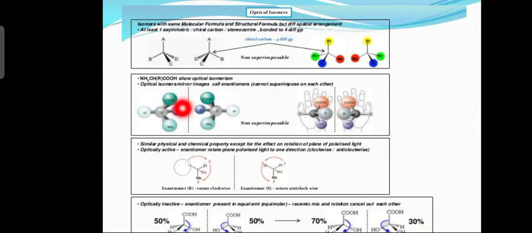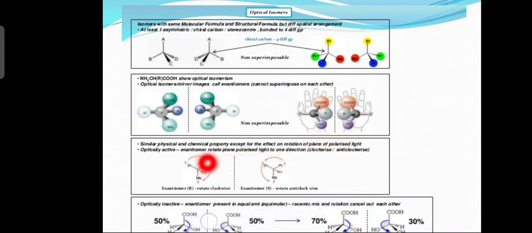COOH, R, which may be any alkyl group such as methyl or ethyl, NH2, and H. The second molecule is the mirror image of the first one, so they are called non-superimposable mirror images. Both look the same but they are not the same. Similarly, another example of non-superimposable mirror images is the left hand and right hand. They look the same but they are not the same; they are mirror images.